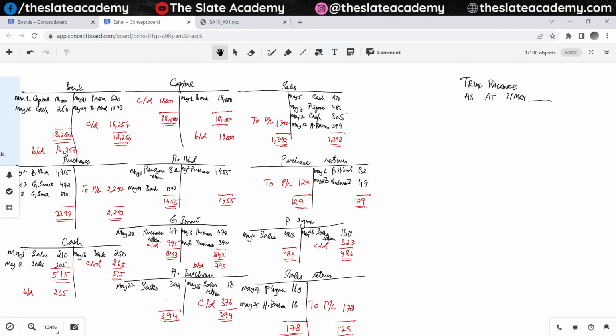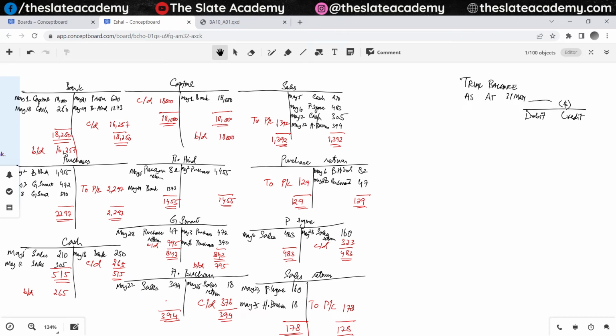And then what I'll do is I'll write down the list of all the T accounts that I had. So just leave a couple of lines below this heading. And in fact over here I'll have two columns towards the right hand side, debit and credit, and these debit and credit would be in dollars. And a line below it I would start listing all the T accounts that I had.